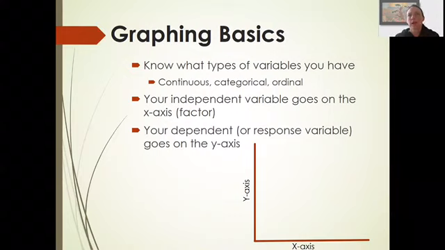You don't determine how much sunshine is there based on how much plant growth, unless, well, that's kind of a bad example. Shade can influence that. But in general, for most variables, you can determine which one is influencing the other, and whichever one's getting influenced is y. It goes on the vertical axis.